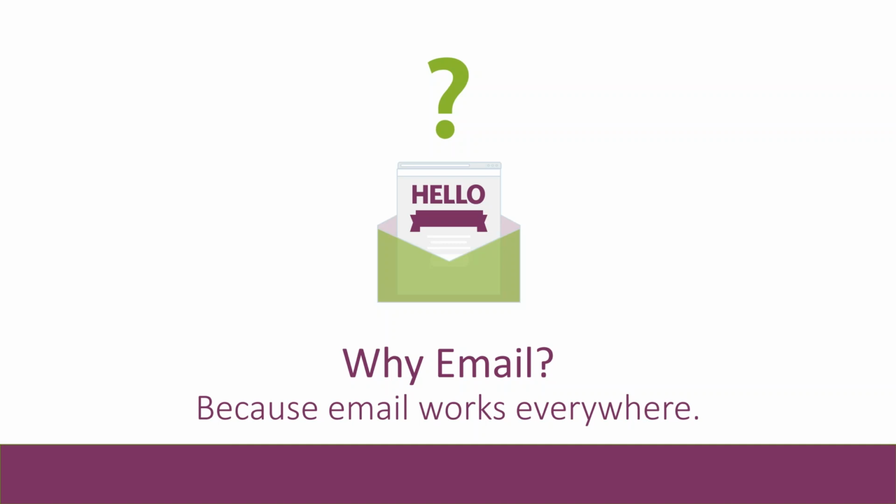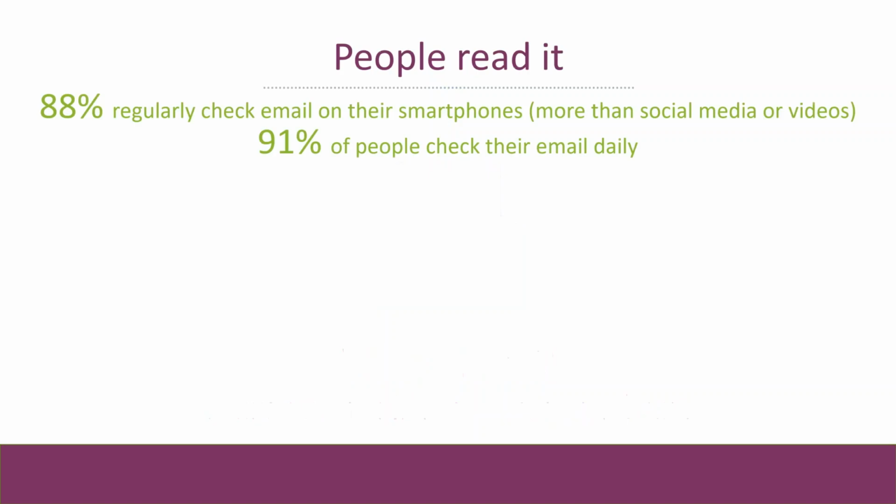Whether it's updates from service providers or offers from brands, whatever it is, you look at your email a lot and daily. In fact, 88% of people regularly check their emails on smartphones. That's more than social media or videos. And 91% of people check their email on a daily basis.